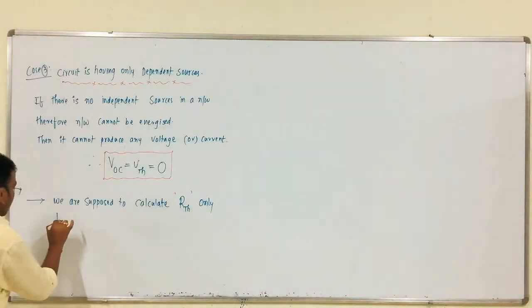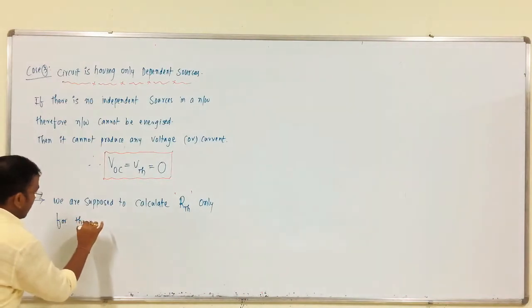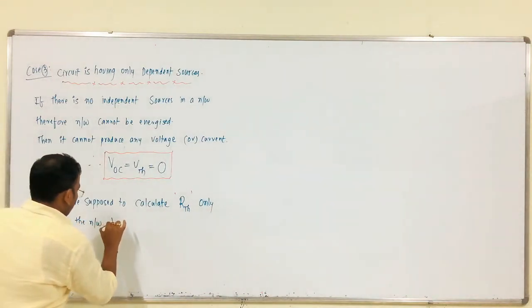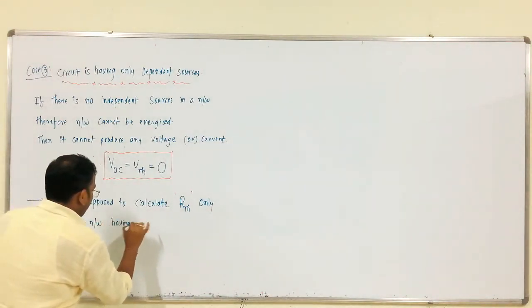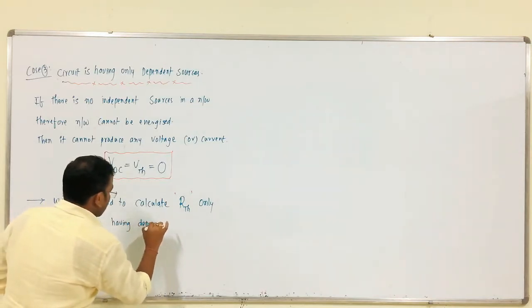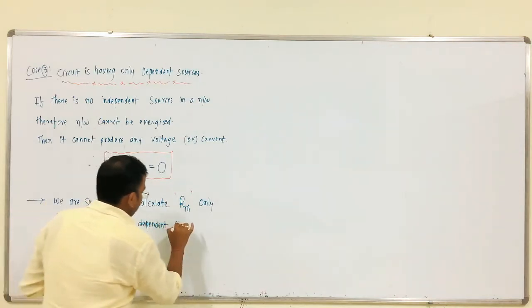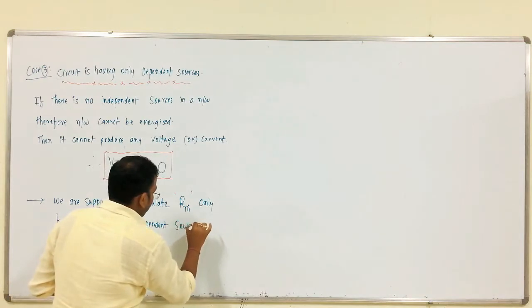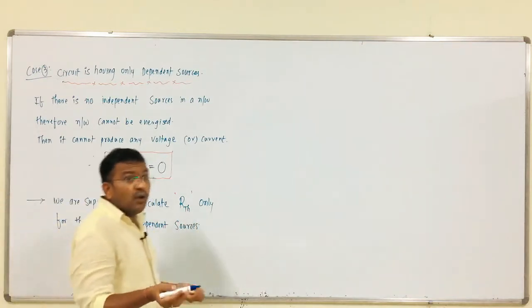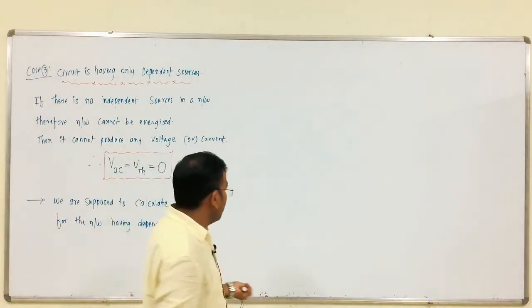For the network having dependent sources, right. Then how can we calculate RTH?